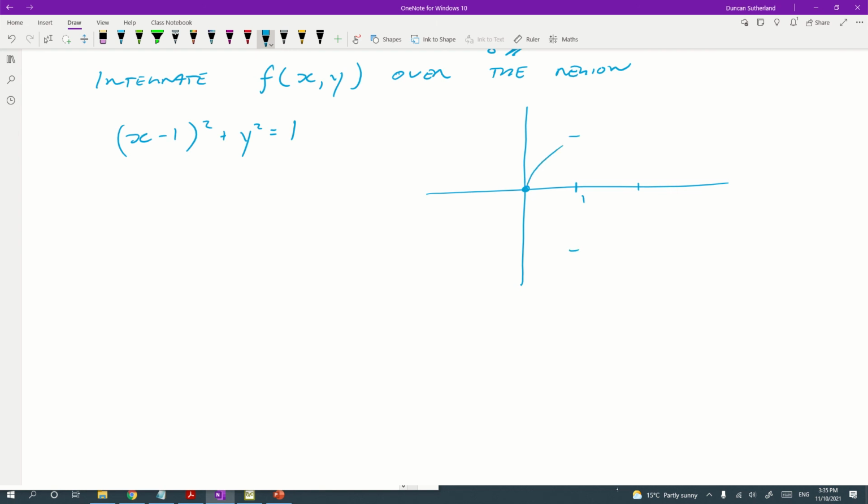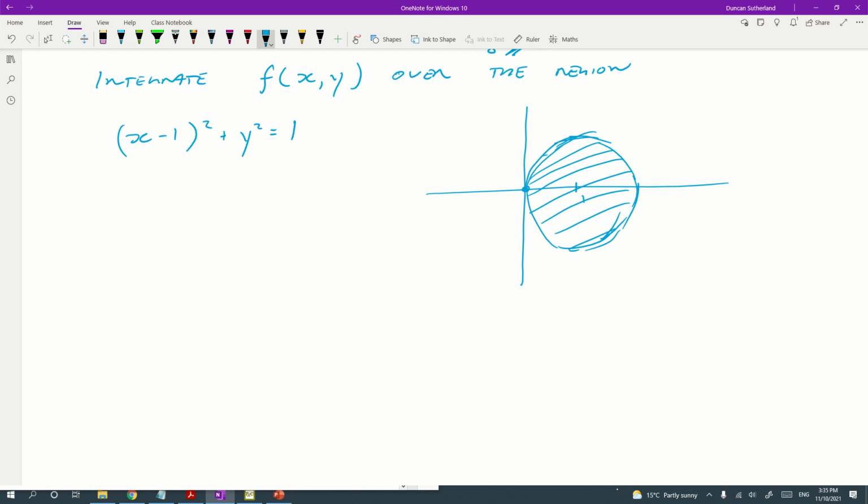So it looks like this, right? So this is our region of integration. Now it's a circle, so we should be looking to use polar coordinates, but it's not immediately obvious what the equation is in polar coordinates for the region.